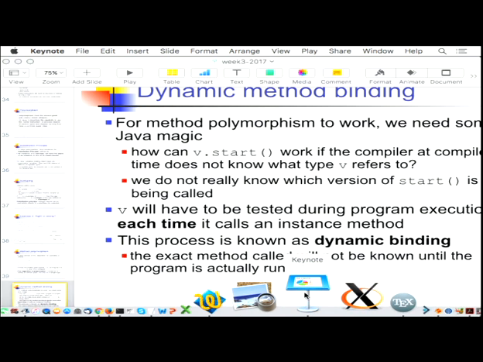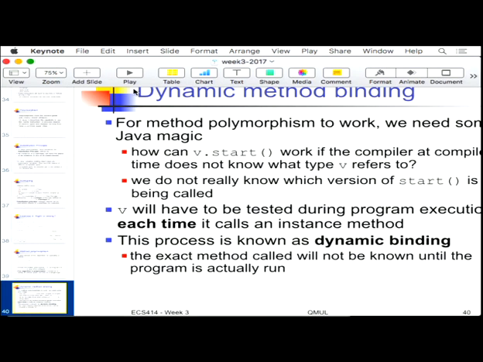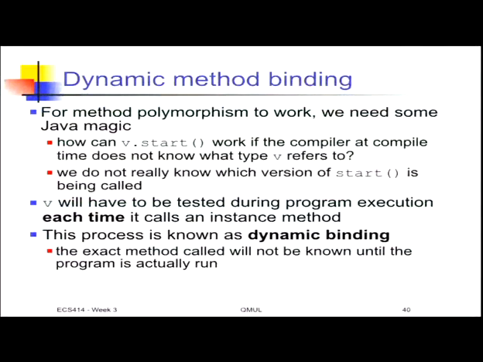So now you see that when we are talking about polymorphism, we have something that has a supertype, like a vehicle, or a generic Snoopy, the supertype.